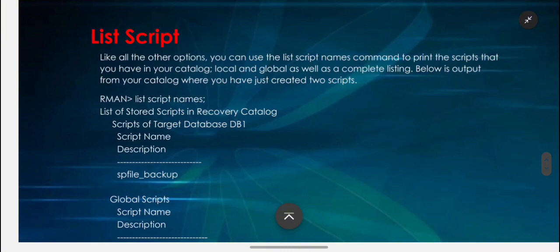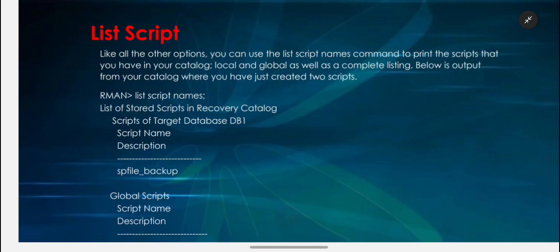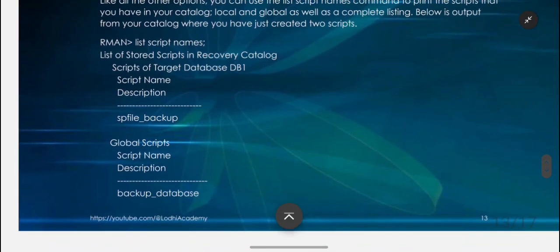List script. Like all the other options, you can use the list script names command to print the scripts that you have in your catalog, local and global, as well as a complete listing. Below is the output from the catalog where you have just created two scripts. The list script names command will show you private and global scripts.